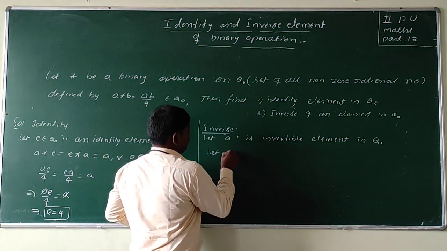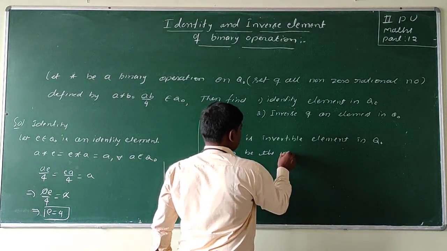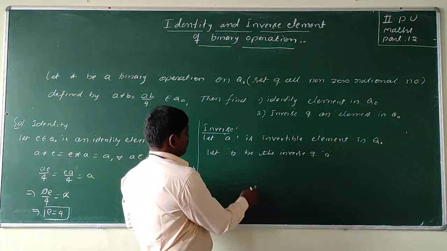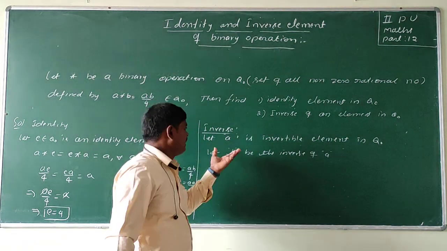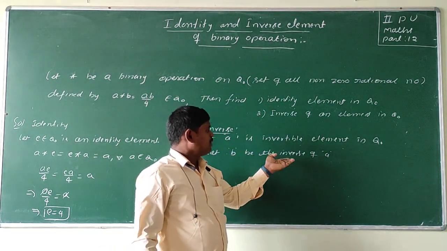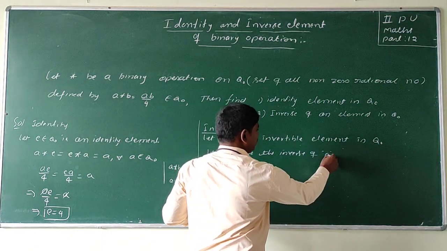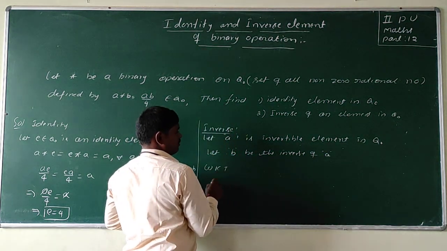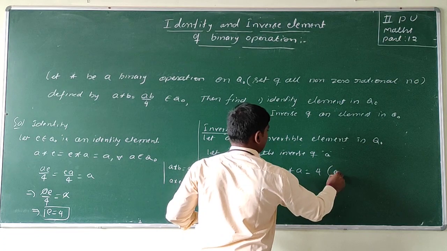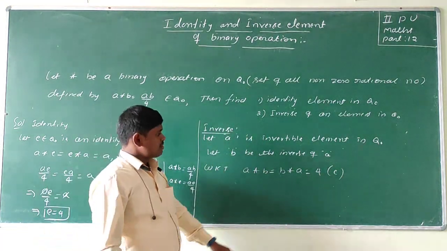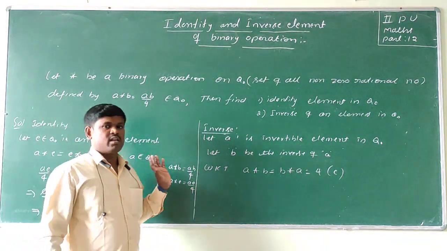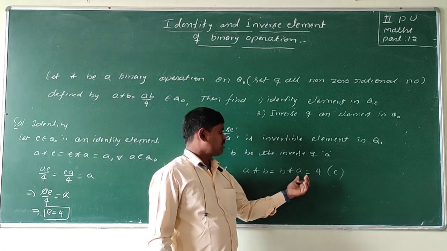Let B be the inverse of A. Then we know that A star B is equal to B star A is equal to what? 4. Why am I taking 4? Since we have already found that E is equal to 4 is the identity element of this binary operation. So therefore A star B is equal to B star A is equal to 4.